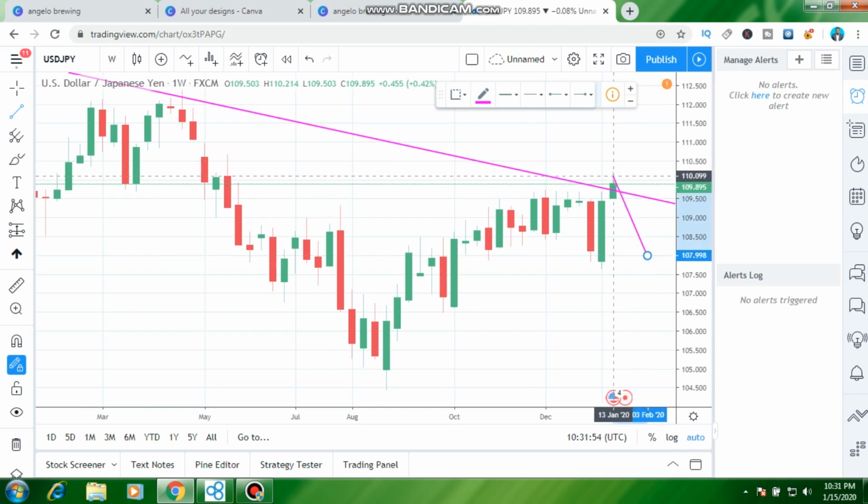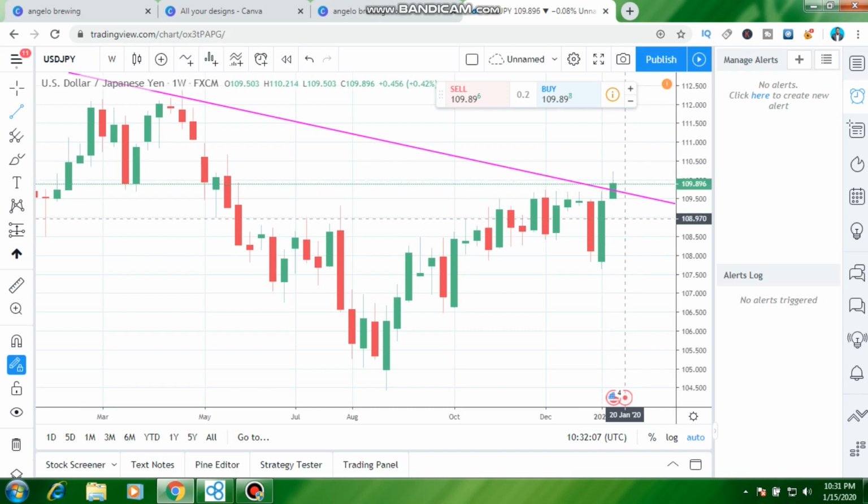This retracement is a signal telling us that this trend is not broken. It is just a pretense, and so we should be very, very watchful because price has been rejected, and you can see the retracement happening right now on the weekly time frame.